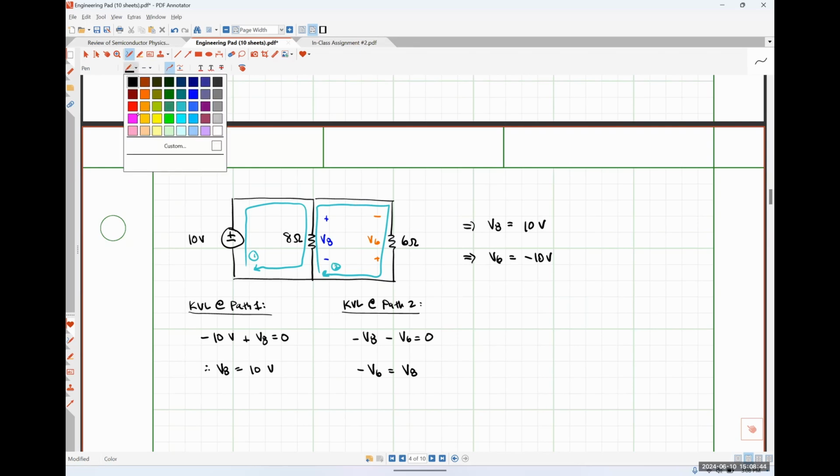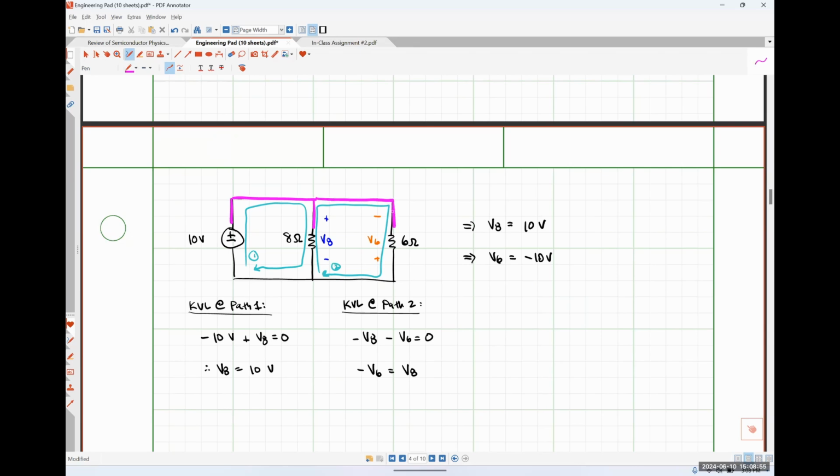We can see that very easily by identifying our nodes. So I have this top node here that I'm doing in pink. And I have this bottom node here that I'm going to do in this dark green color. And we can see that all of these elements share the pink node on top and the green node on bottom. They're all in parallel.